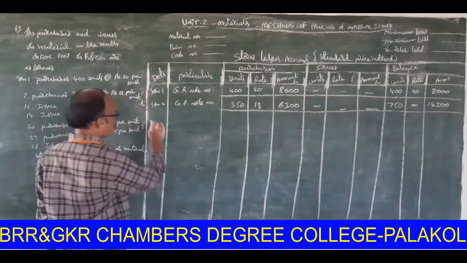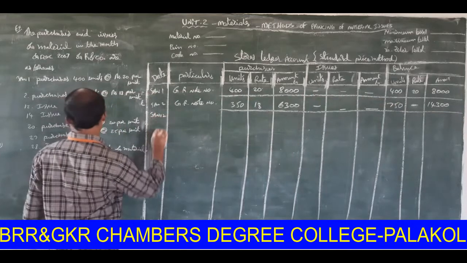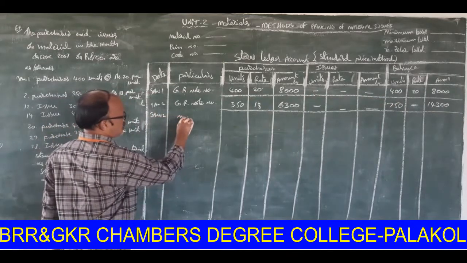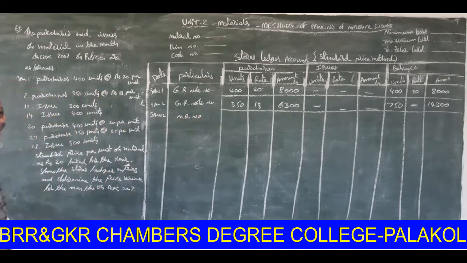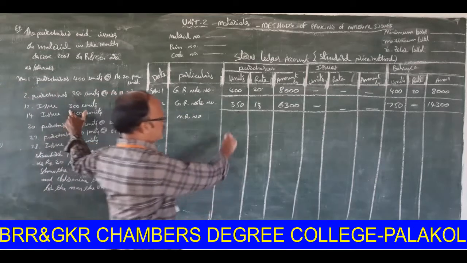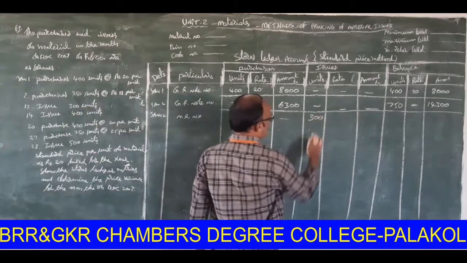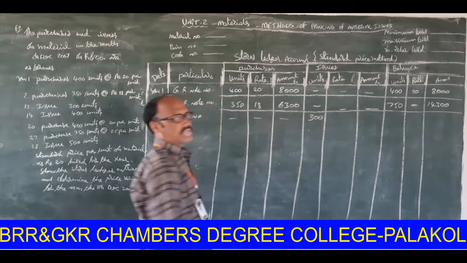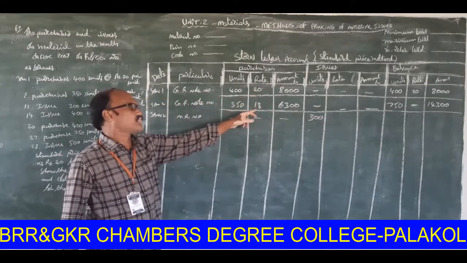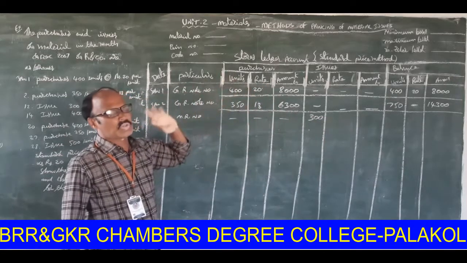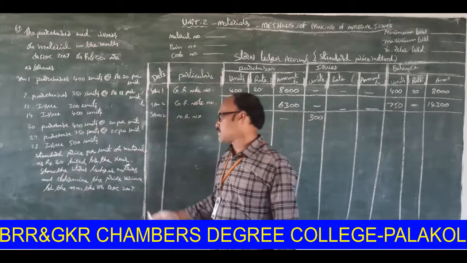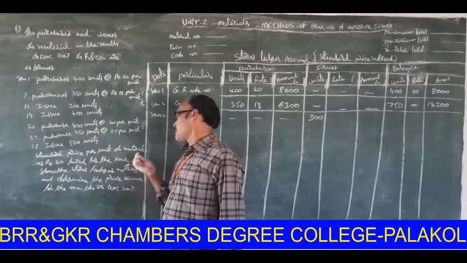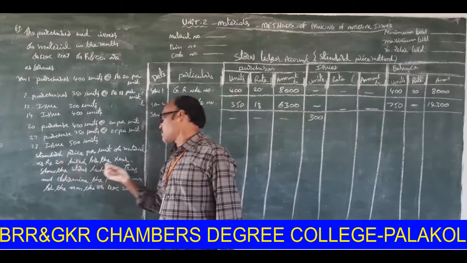Next one, issues. January 12th, issues. Issues means material requisition number. How many units wanted to issue? 300 units. The purchasing prices of materials are not to be considered at the time of issue. Only standard price is to be considered. The standard price per unit of materials is rupees 20, fixed for the year.